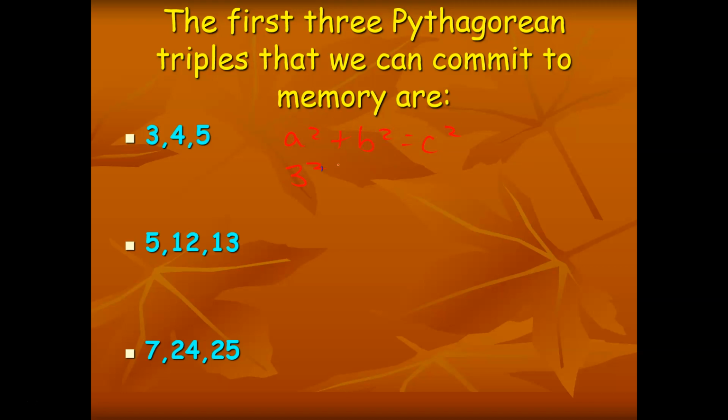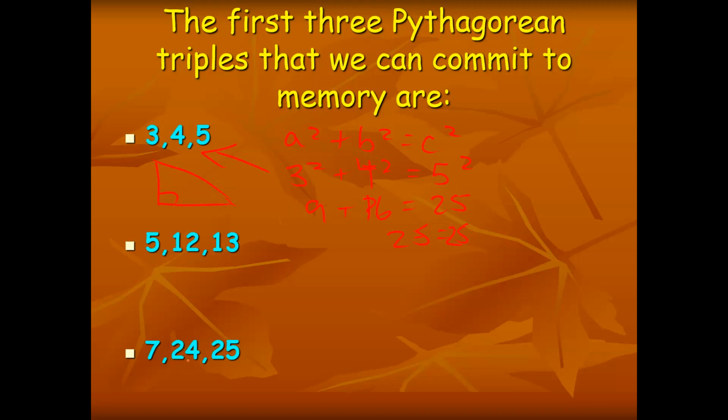We could plug it in like we did in the previous lesson. We can prove whether it equals out or not. 9 plus 16 equals 25. It does indeed. So this is definitely a right triangle based on the Pythagorean theorem.